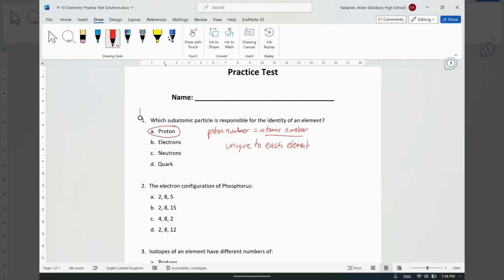So, for example, carbon has 6 protons, no matter what. Lithium has 3 protons, no matter what. So, even though the number of electrons often goes with that, that doesn't determine the actual identity of the substance.